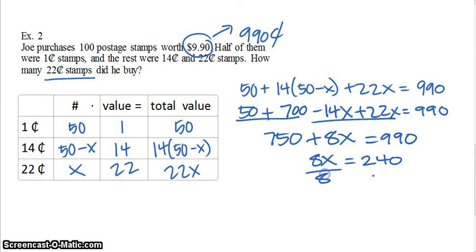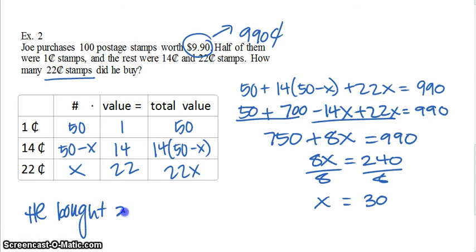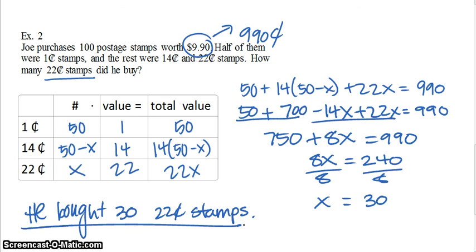Divide by 8. So X equals 30, and it asks us how many 22-cent stamps did he buy. We know that X equals the number of 22-cent stamps, so he bought 30 22-cent stamps. There you go. There you have it.